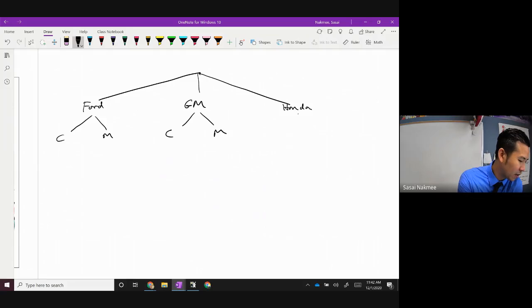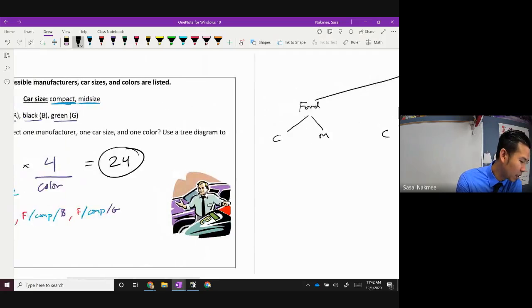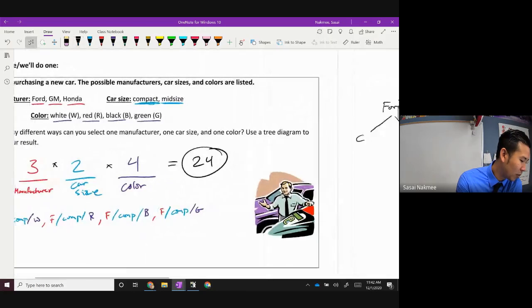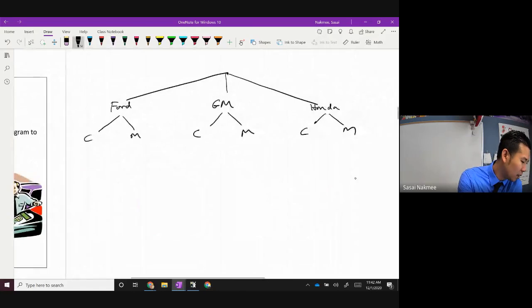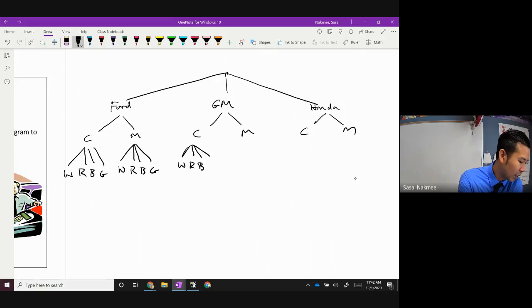And right now we're at 6 possible outcomes. And then after compact or mid-size, you can list out all the colors: white, red, black, and green. So for each one, you can have 4 possible outcomes.